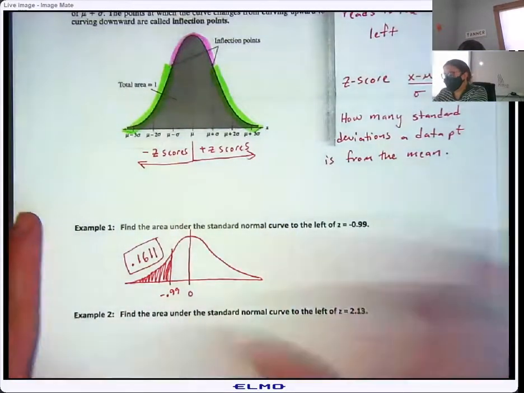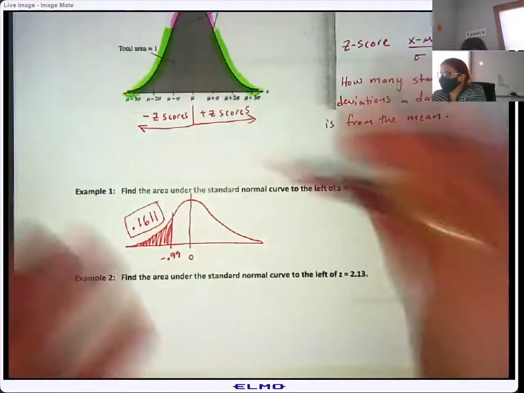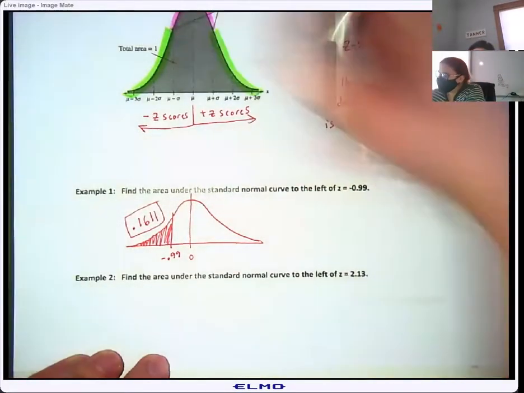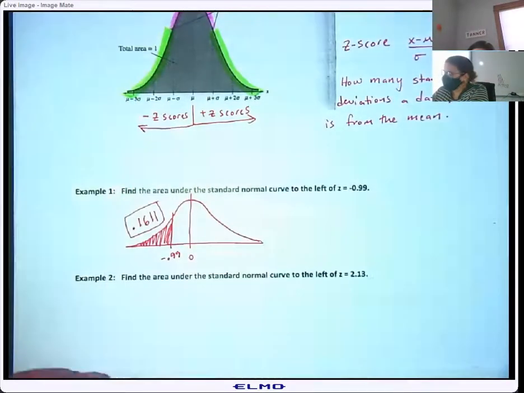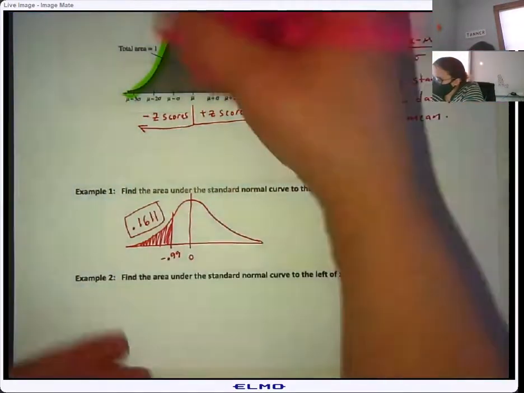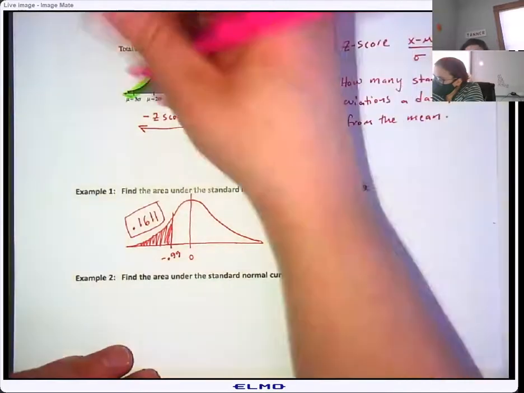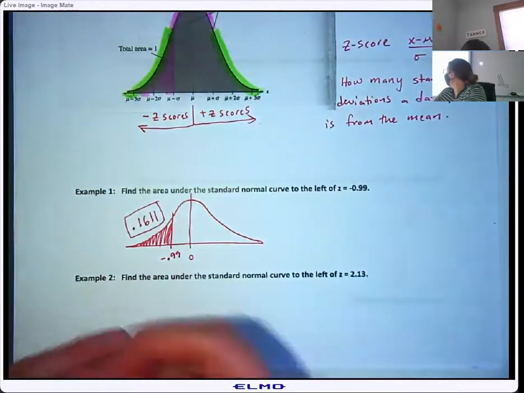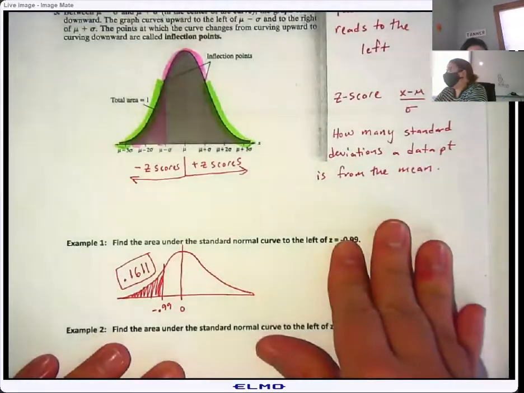My picture might not be perfect and your picture might not be perfect. In fact, on this main graph it'd actually be here, like this much of it. Maybe 16%.